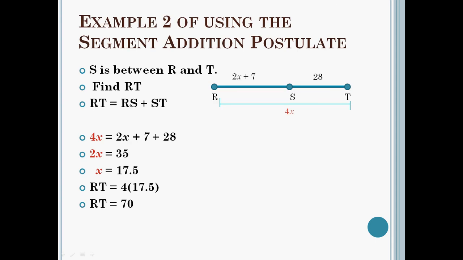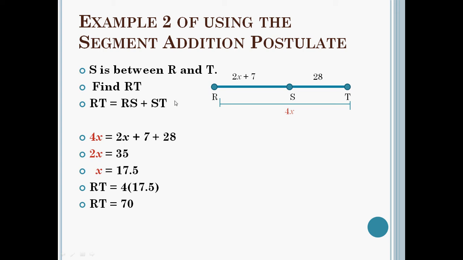Another example would be an algebraic approach. If we are given segment lengths with algebraic expressions, like RS is 2x plus 7 and ST is 28, and then we're told that the entire segment RT is equal to 4x, we want to find RT, what the actual number would be.